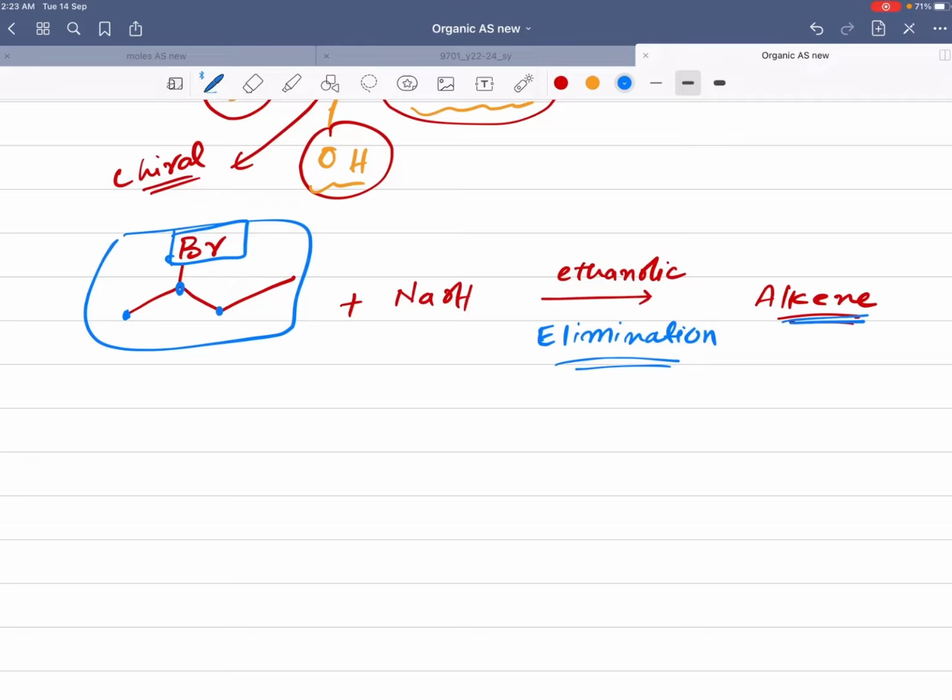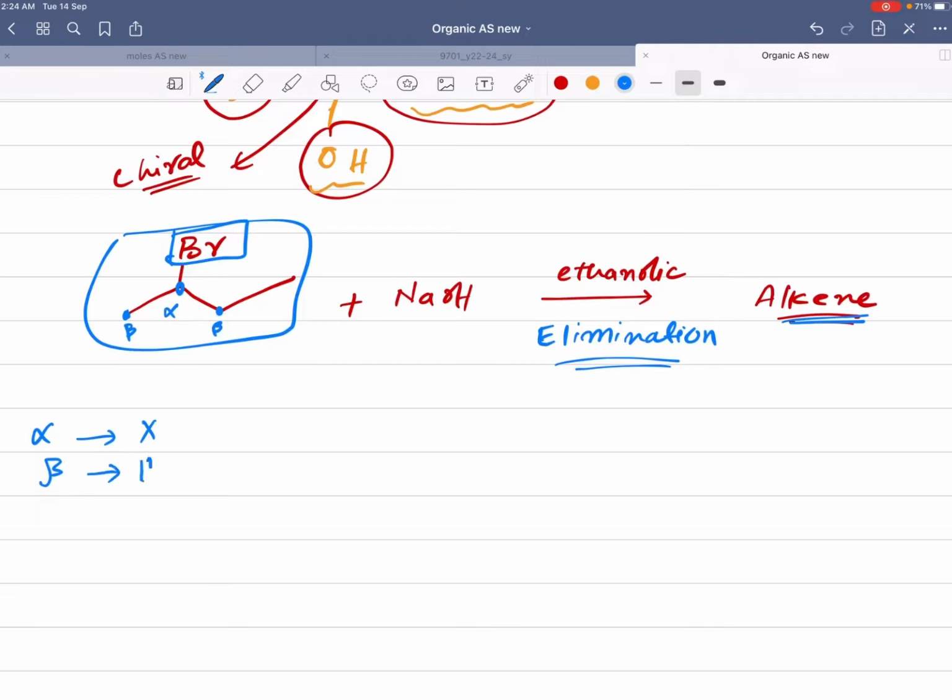And you can remember this in another way: the carbon which holds the bromine we call the alpha carbon, and the carbon next to it is called the beta carbon. So this structure has two beta carbons. This one is a beta carbon and this one is also a beta carbon, right? So the alpha carbon would lose the halide group, and the beta carbon would lose hydrogen.